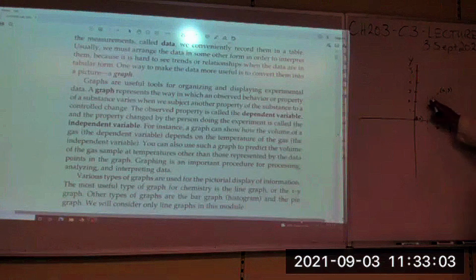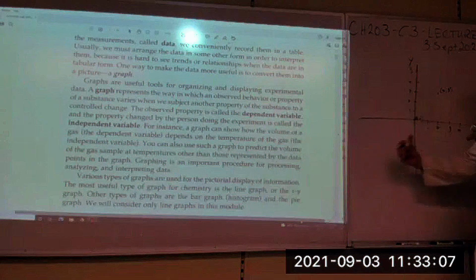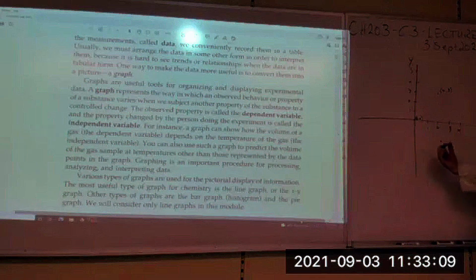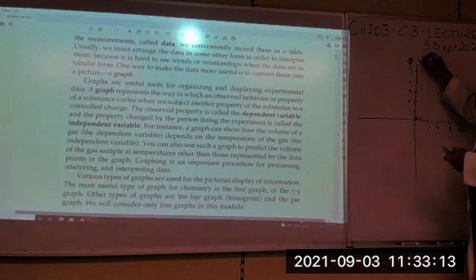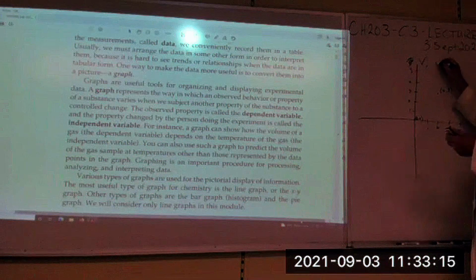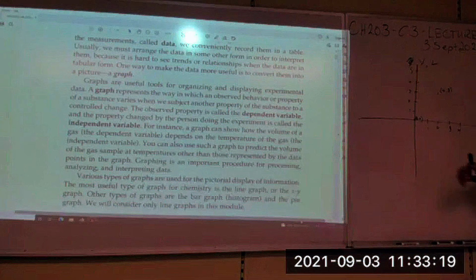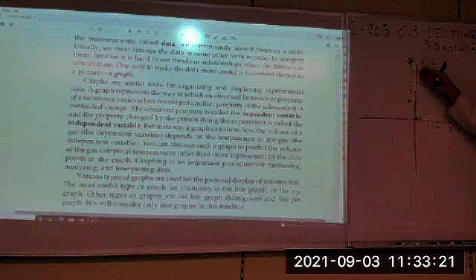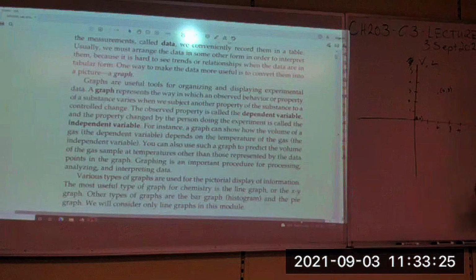And then volume will be the dependent variable, the one that changes as a response to what you did. And it will be on the y-axis. So in this example, that would be volume, and it could be in liters. Right? So you have identified the axis and the units of measure that are used on that axis.